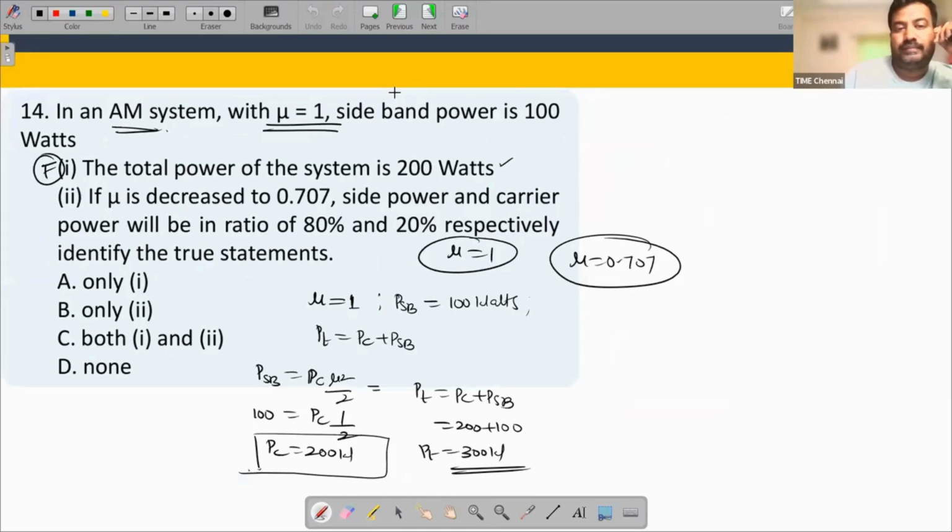Yes, correct. The statement is marked reversely. The sideband power and carrier power, it should be 20 and 80 then. It is reversed. That's why it is false. Numbers are okay, but they're reversed.